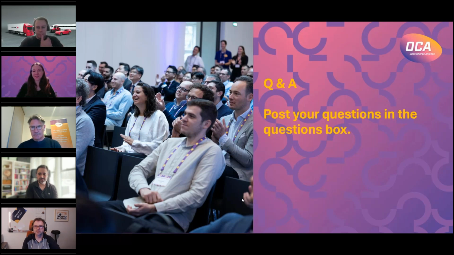So let's dive into the questions. The first one is about DER control details. Are you saying that every message that IEEE 2030.5 can send has an analog message that can be sent in OCPP? I guess I should answer that. More or less.